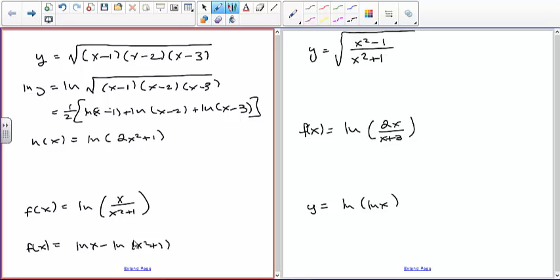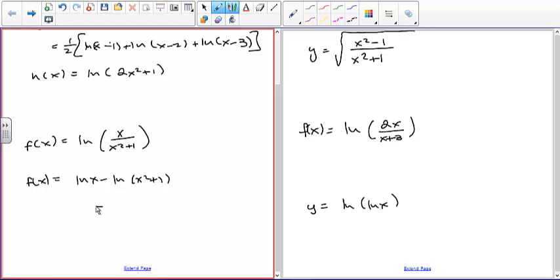So even though in your mind you know it's that way, you have to be careful. If I just said the natural log of x squared plus 1, you see it as this, but somebody else may see it as that.